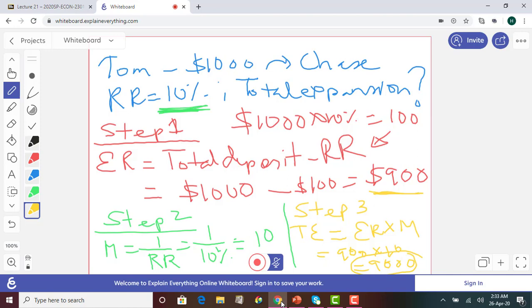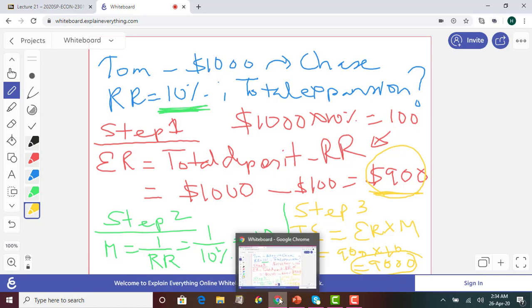That's how the banks, by giving loans, this happens because when Chase gives this $900 out as a loan to someone else, and then they deposit the money again in their own bank, let's say Wells Fargo, Wells Fargo will loan out again. So this process continues. So the maximum expansion that will take place is $9,000, because Tom deposits $1,000.